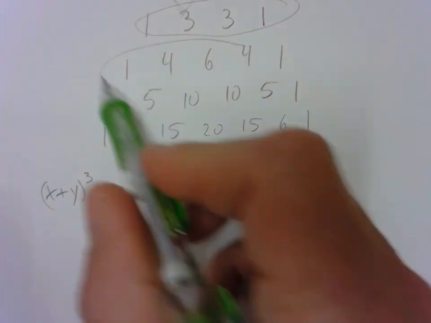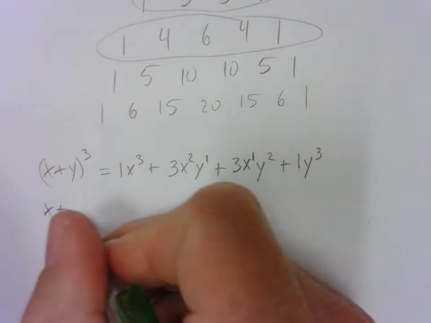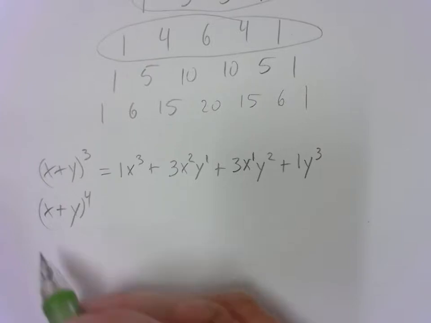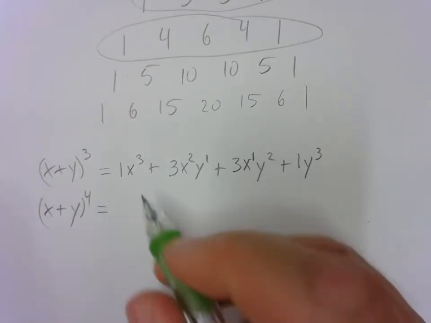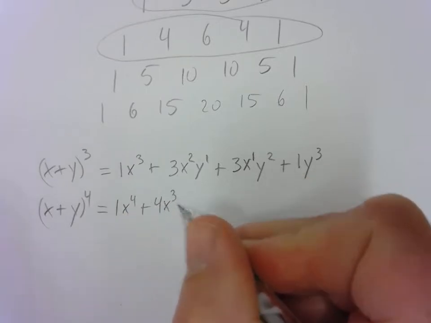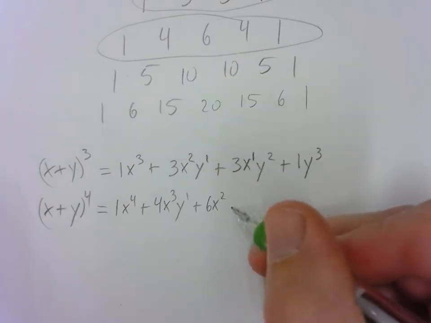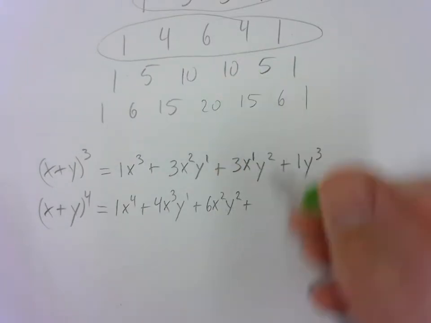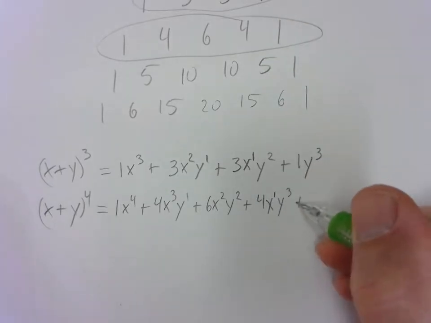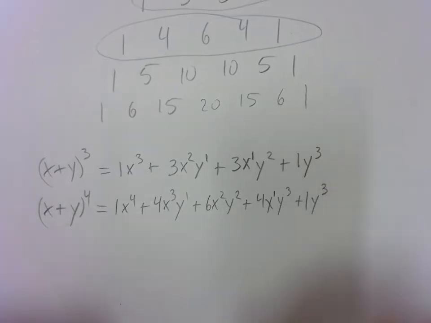Now I'm going to do the next one down here, which would be 1, 4, 6, 4, 1. That would be x plus y to the 4th power. Would you like to multiply this out and FOIL it all together? No. So a pattern is really nice for this. It's 1x to the 4th plus 4x to the 3rd, bring in a y, plus the next coefficient, 6x squared y to the 2nd, plus the next coefficient, 4, x to the 1st and y to the 3rd, plus 1, y to the 4th power.